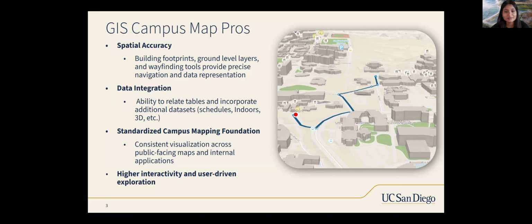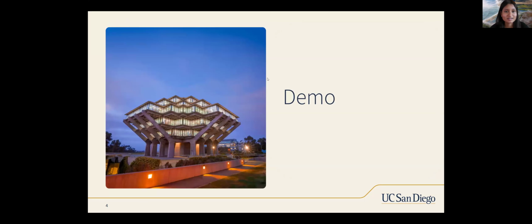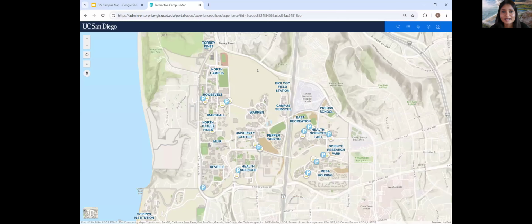There's not much use in it, but if we were to launch a map in GIS and provide different information depending on the needs, different applications, it would standardize the visualization of the campus, which would lead to more consistent data overall.